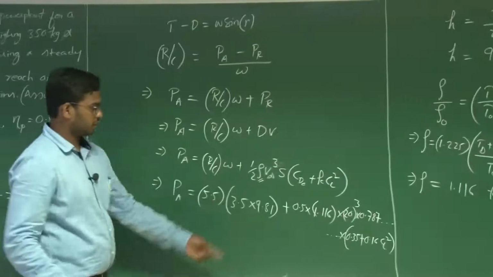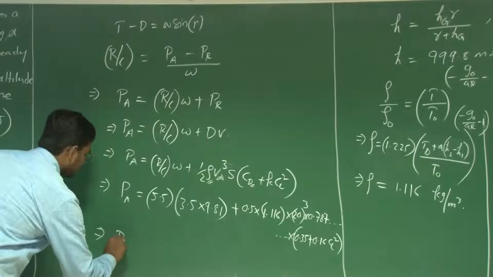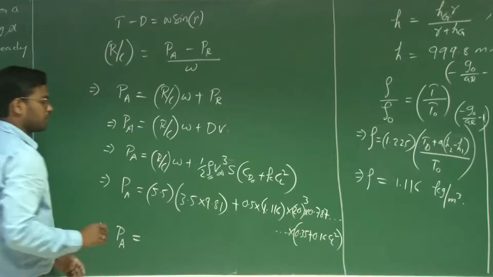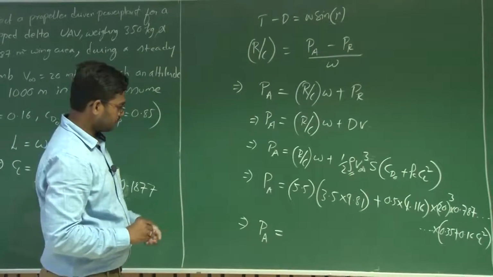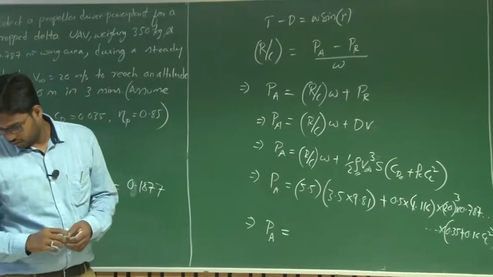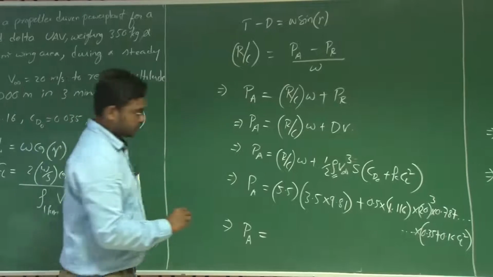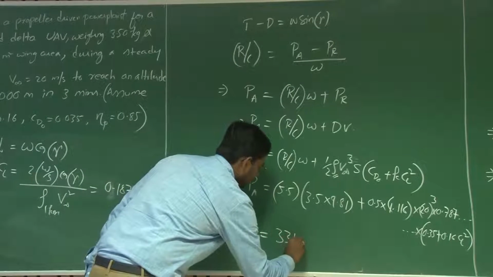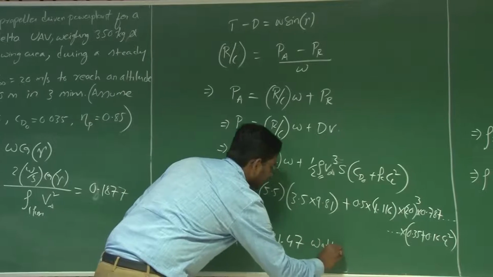Now, substitute this CL here in this equation to figure out the corresponding power requirement from the power plant. It will be 331.47 watts.